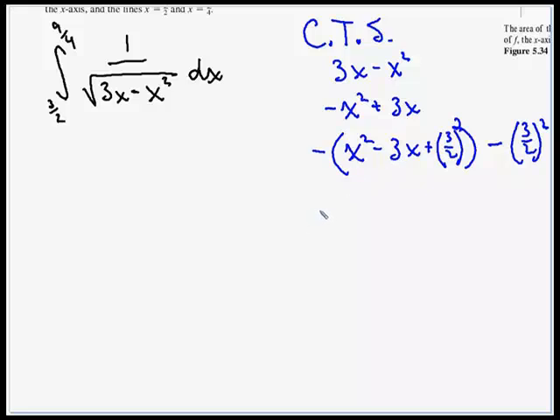So we're going to have negative. What's our quantity squared? Well, it's going to be x minus 3/2, quantity squared. And then we have our minus 3/2 squared. Let's leave it as 3/2 squared.